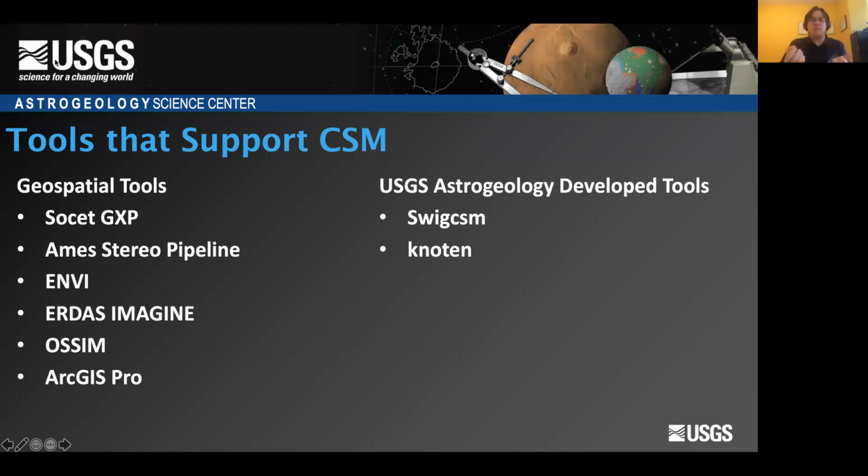We have SWIG CSM, which is a SWIG Python wrapper that gives you direct access to the CSM API in Python. We also have Knoten, which is a little bit of extra Python on top of that to make things such as model generation easier. And we're hoping to expand that to provide more robust support for things such as surface model intersections, so that if you really want to tinker directly with the camera models, you can.